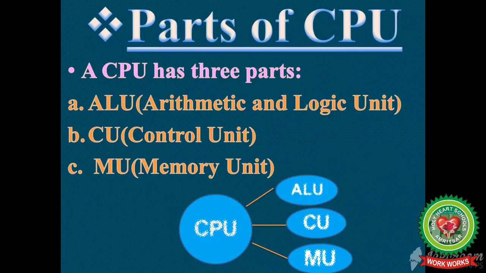Students, next we have parts of CPU. A CPU has 3 main parts. First, ALU. ALU stands for arithmetic and logic unit.